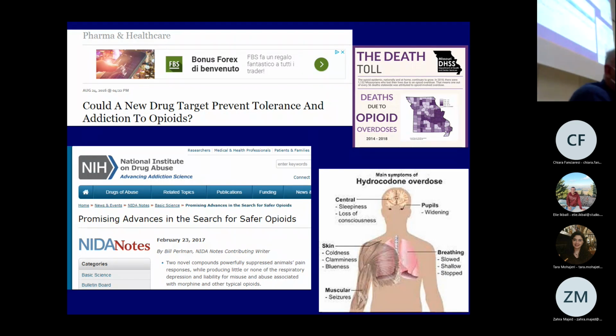Here you can see some titles in the press, newspapers. In particular, you see this title: could a new drug target prevent tolerance and addiction to opioids?